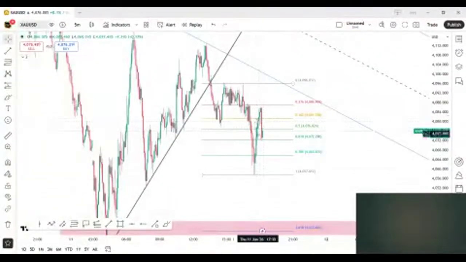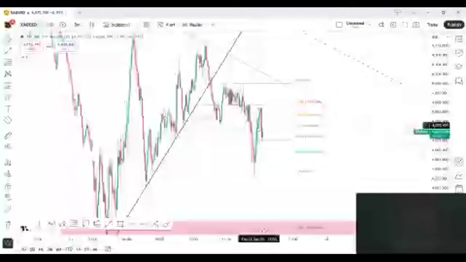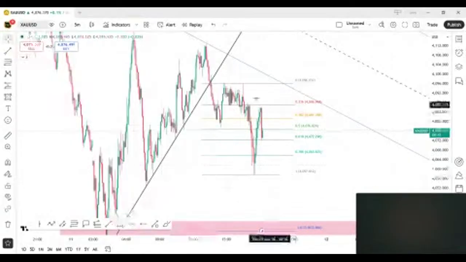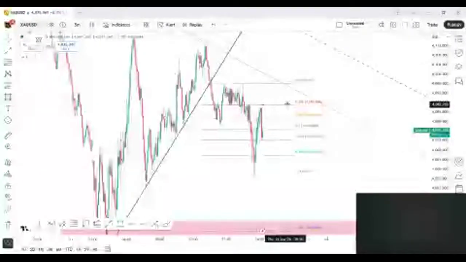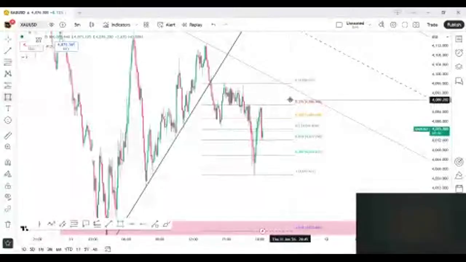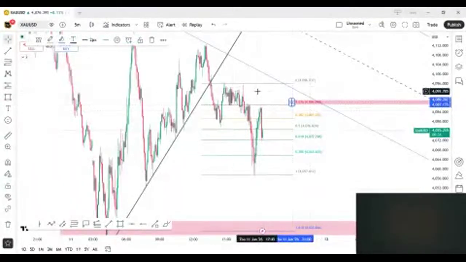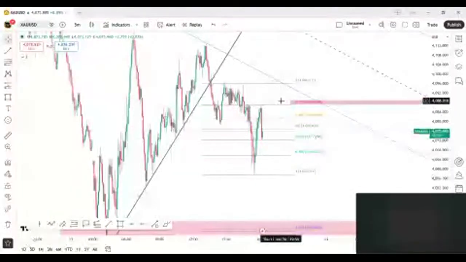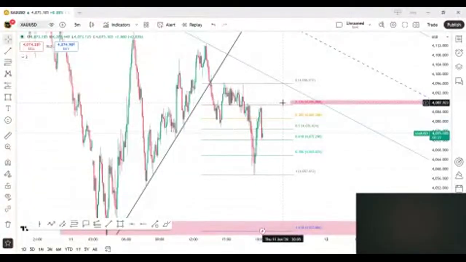If you look at this zone, the market has more buy clarity, which indicates that we need to wait. Either we can wait at this zone, or the market is going to break this area. I will mark here: above this area, 4086, let me do it this way. If the market breaks 4086, obviously the chances of the sell will become a little bit less.